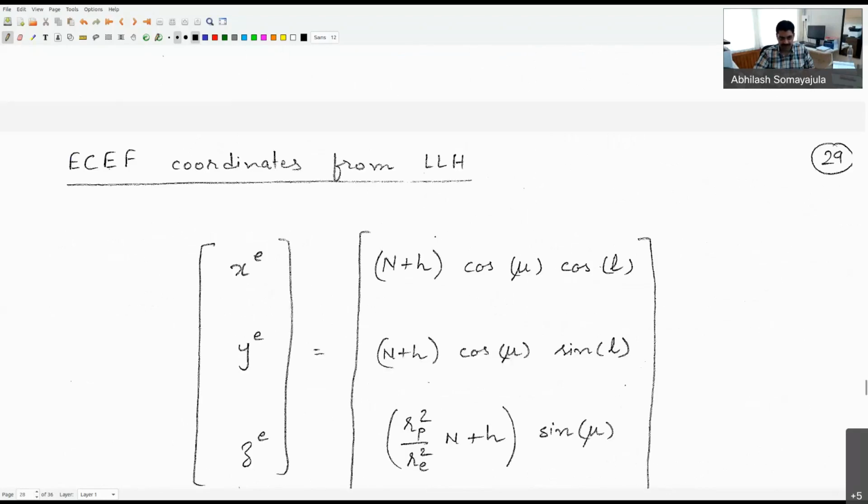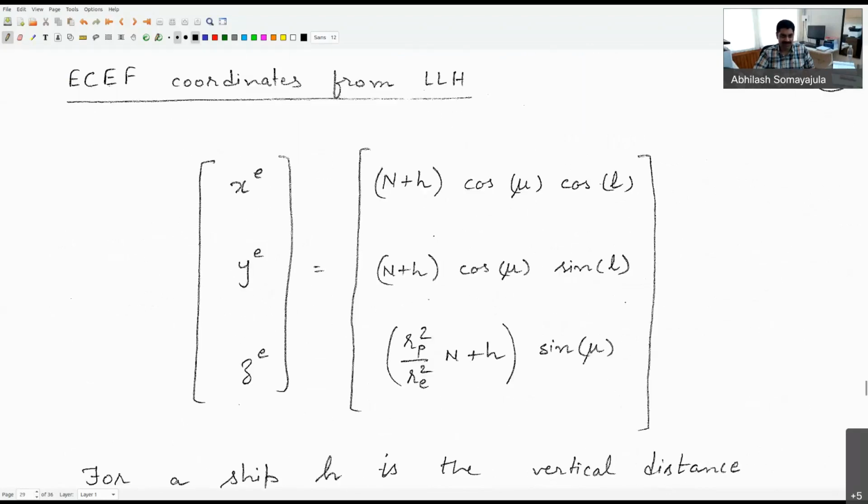Okay, all right. Now let's come back to our point that suppose we know the latitude, longitude and the height. How do I compute the coordinates of the point in the Earth-centered, Earth-fixed frame? And there you can see that this is nothing but N plus h, where N is the radius of curvature, plus the height above the tangent plane, times cosine of mu times cosine of L will be the x coordinate.